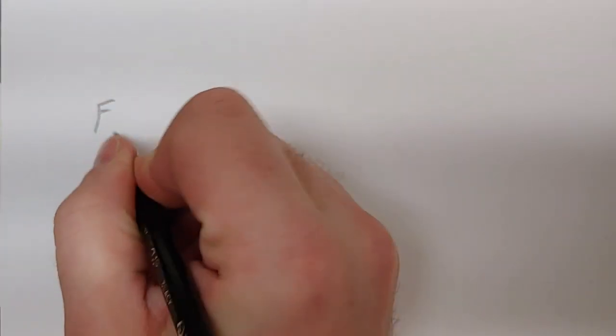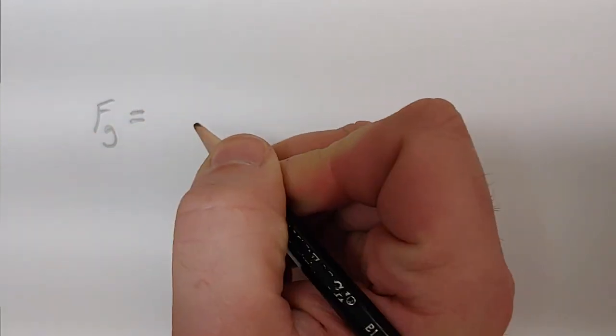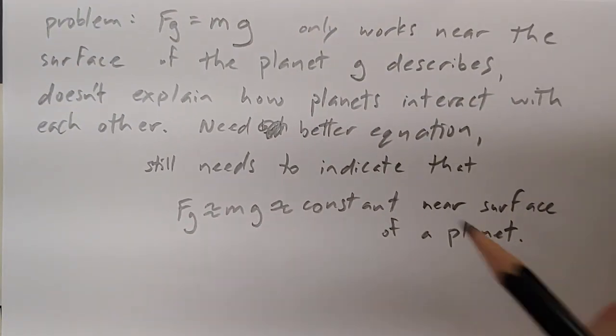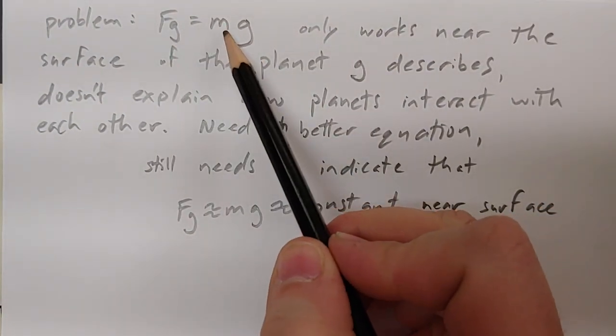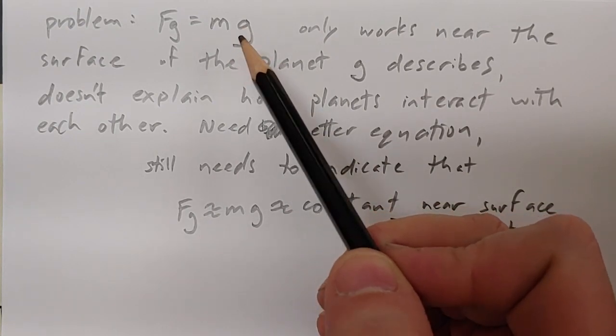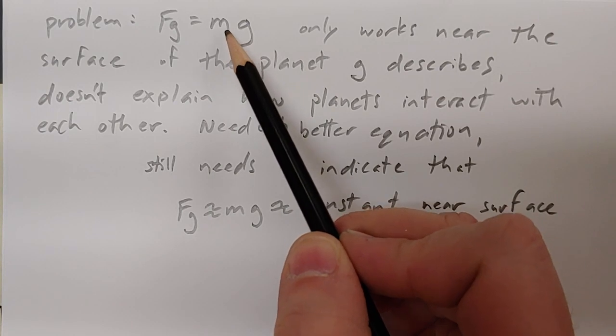So Newton was trying to figure out an equation for the force of gravity. And he knew that just based on how objects work when they are near the surface of the Earth, the force of gravity is directly proportional to the mass of the object that is sitting above the Earth.